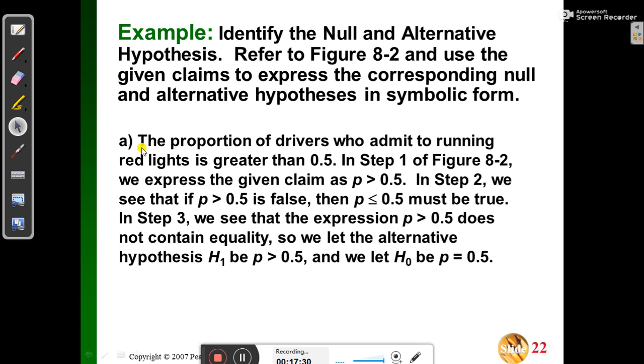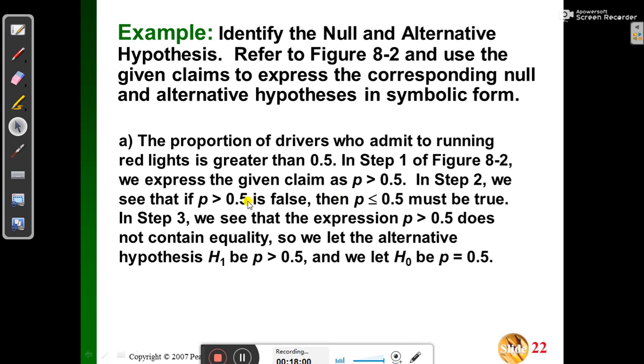In the case of the first one, the proportion of drivers who admit to running red lights is greater than 0.5. In step 1 of figure 8.2, we express the given claim as p greater than 0.5. In step 2, we see that if p greater than 0.5 is false, then obviously p less than or equal to 0.5 must be true, and vice versa.